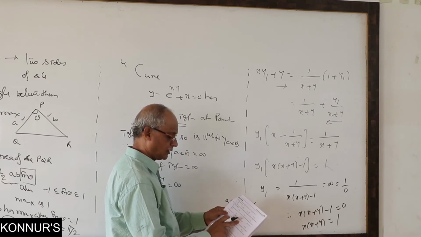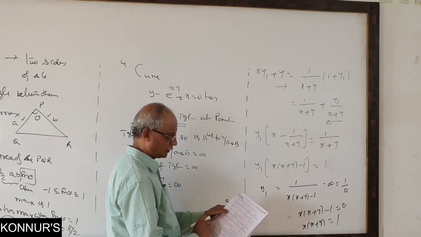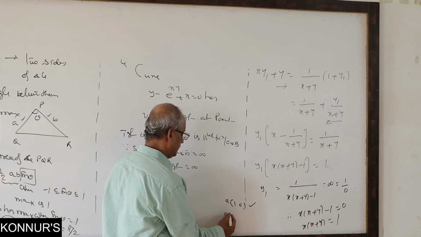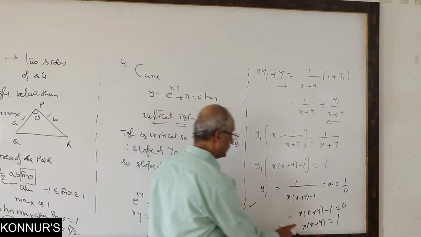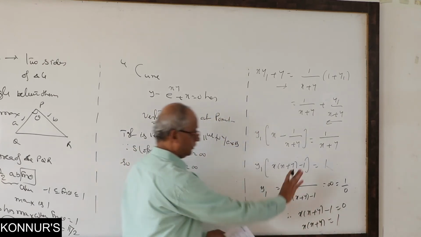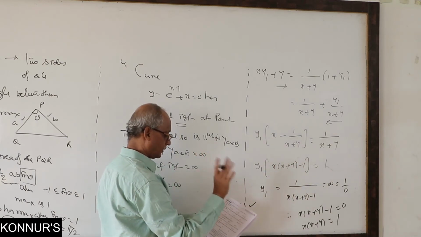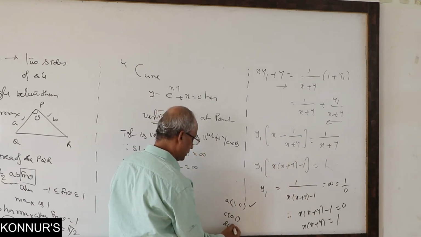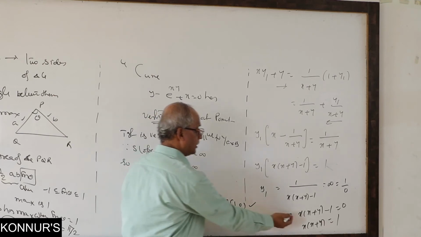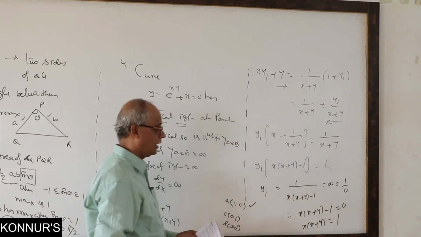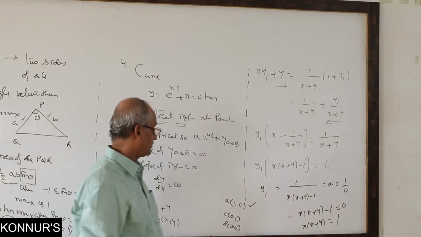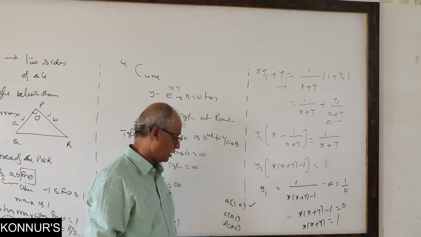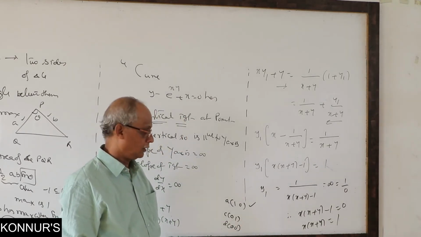If it fails for A, C, D, then B will be correct. What is option C? 0, 1. When x equal to 0, everything is 0 only. 1 is not obtained. Option D, 0, 0, also not satisfied. Then out of all 4 options, which is best? So the answer is 1 comma 0. Okay, easy to finish.